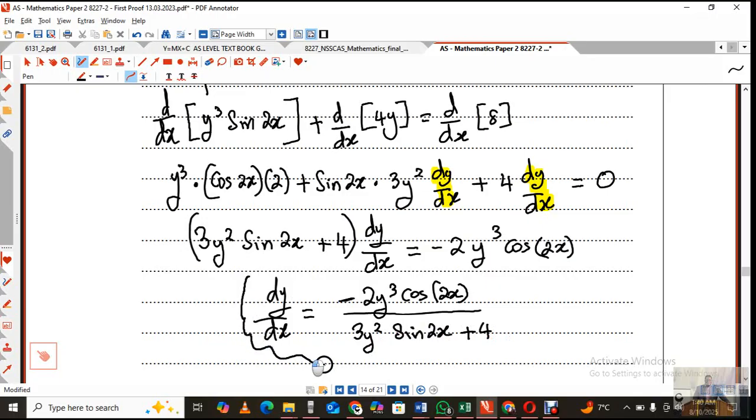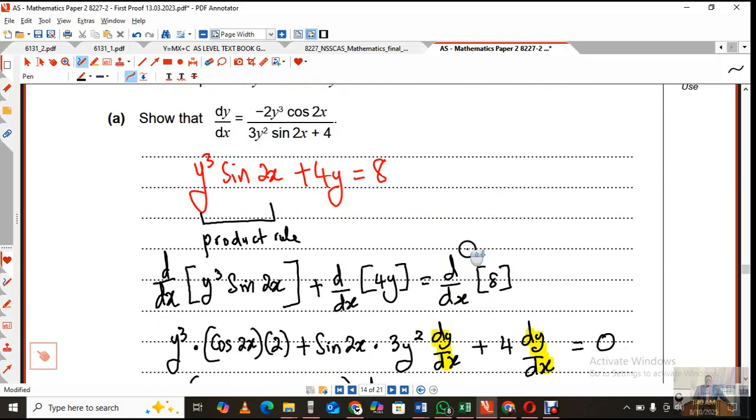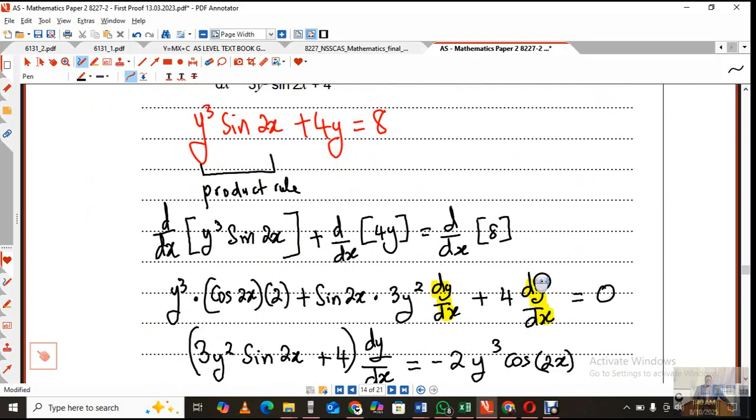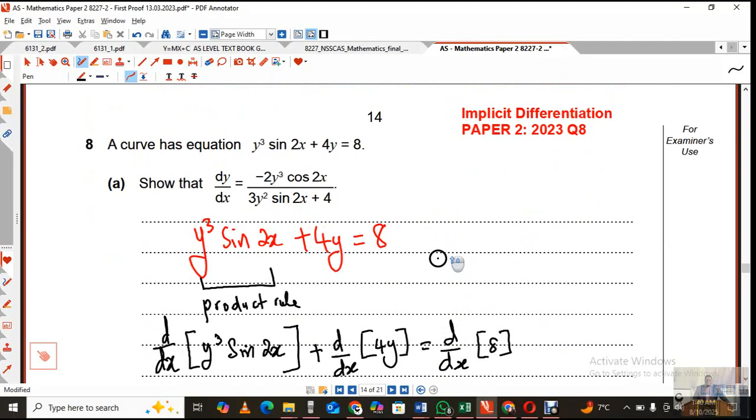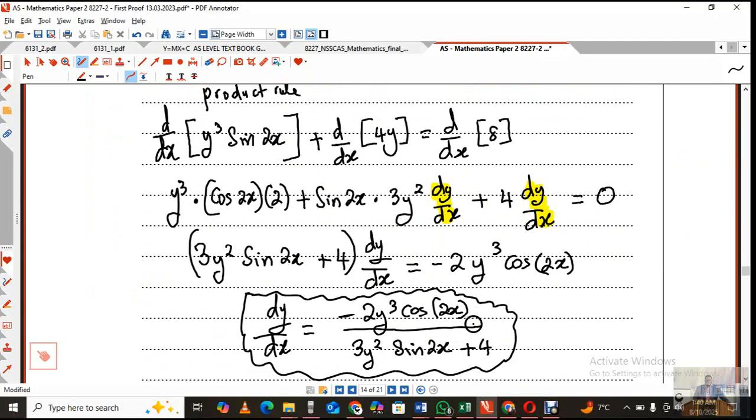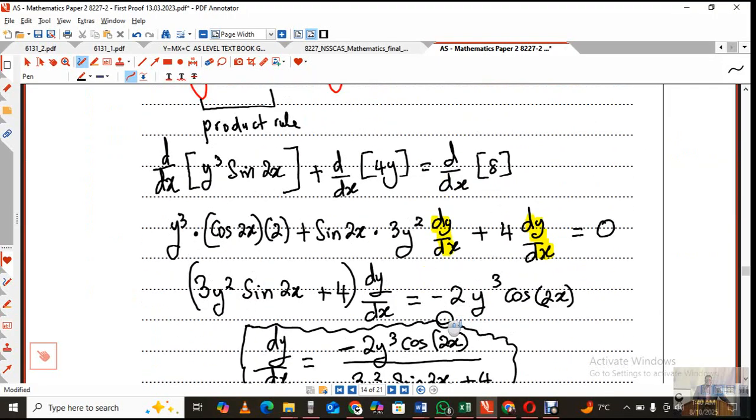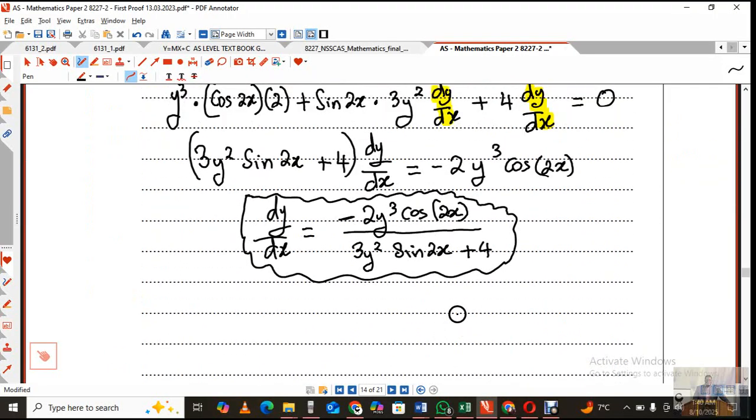Right, let's compare and see if this is what we were supposed to prove. So you had 2y cubed cos of 2x over 3y squared sine 2x plus 4. That is what we proved over there.